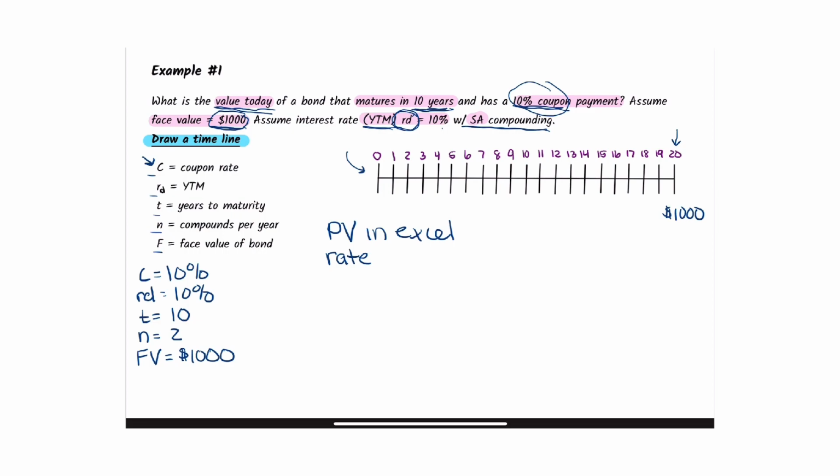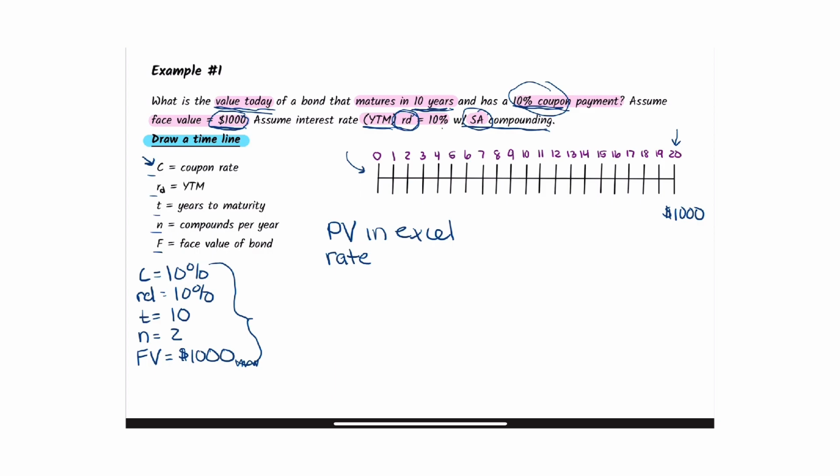Now we have to remember a couple of things here. We're compounding semi-annually, so all of our information here has to be turned into semi-annual, not the face value, ignore that part. But we need to put everything else in terms of semi-annual, or we will get an incorrect value.